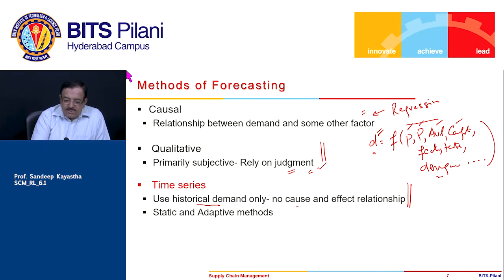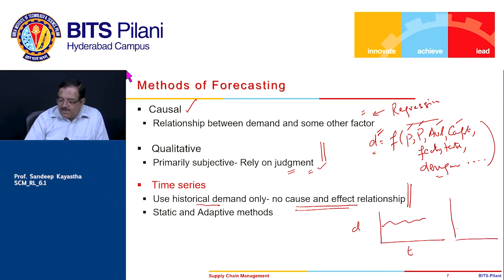So no cause and effect relationship. The causal method is a cause and effect relationship. In this case, there is no cause and effect relationship. So we will have the time series method. In the time series method, we will have time here and we will have demand, and we will look at what kind of demand there has been in the past.